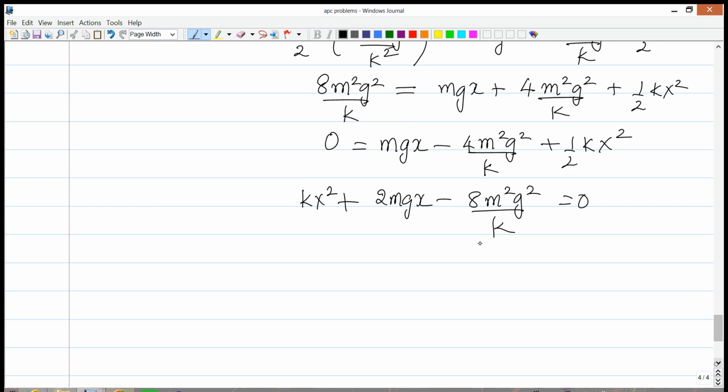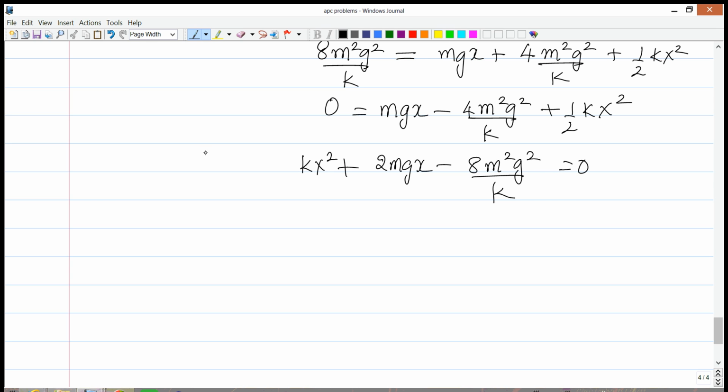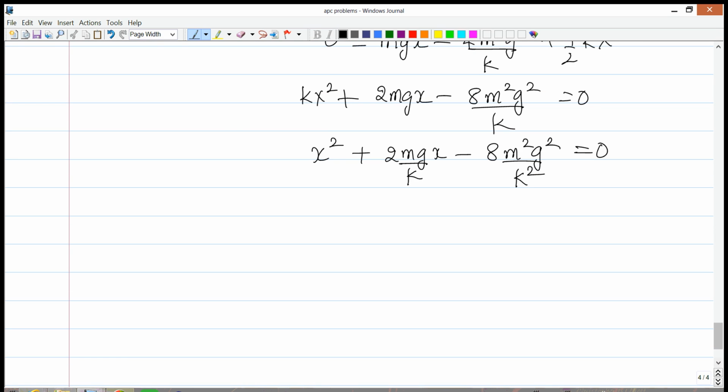There's one more thing we'll do at this stage. We'll divide everything by k. So I get x squared plus 2 mg over k times x minus 8 m squared g squared over k squared equal to 0. Alright, so we're very close to the answer now.